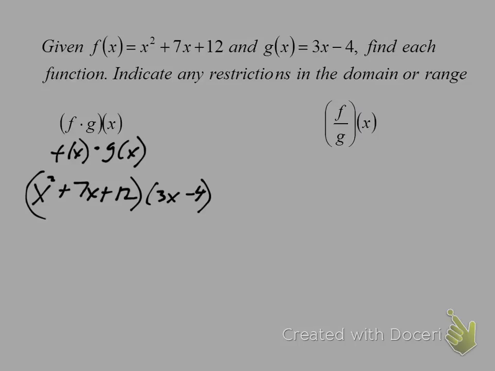So x squared through the binomial gives you 3x to the third minus 4x squared. 7x through the binomial gives you 21x squared minus 28x. 12 through the binomial gives you 36x minus 48.